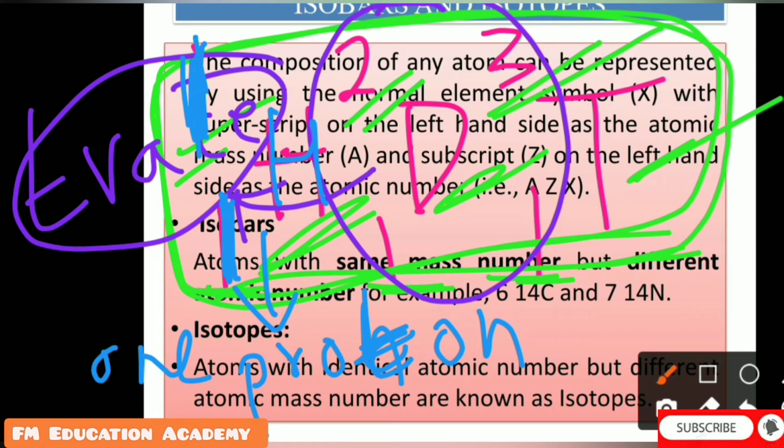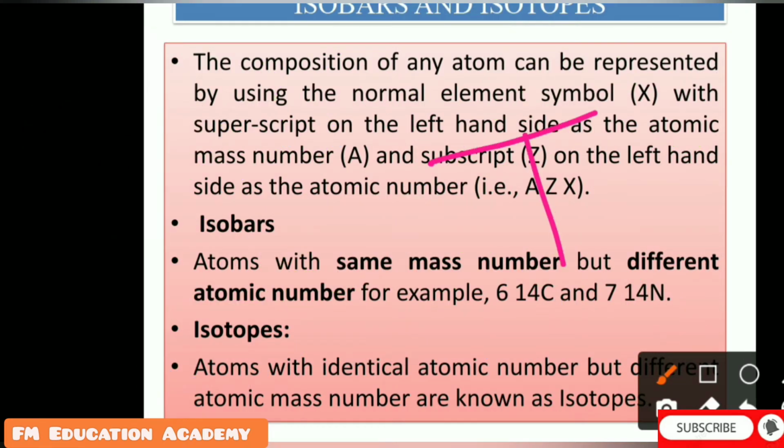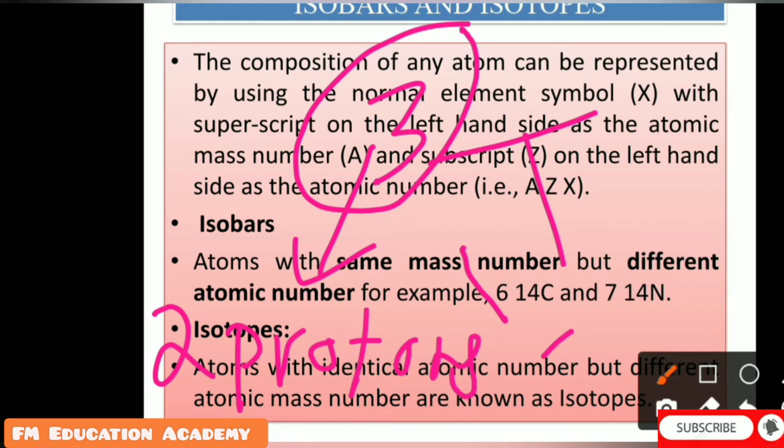What about deuterium? Deuterium has one proton, because atomic number equals the number of protons, and one neutron, because mass number equals protons plus neutrons. What about tritium? Tritium has atomic number 1 and mass number 3, so tritium will have 1 proton and 2 neutrons. These are all present in the NCERT textbook, which is why I am telling you all this. You should remember these.